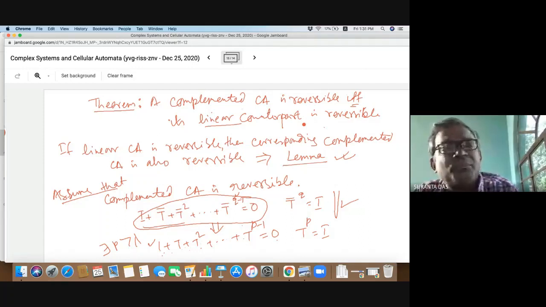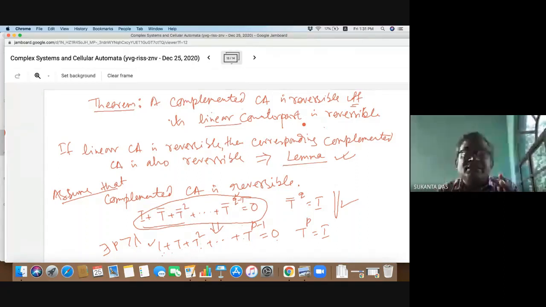Is the proof of the theorem okay? Actually, the proof of the lemma is the basic one. From the lemma, I can get the sufficiency proof. I also get the necessity proof from the lemma. How do I get it? See, T bar and T, their roles are interchangeable.